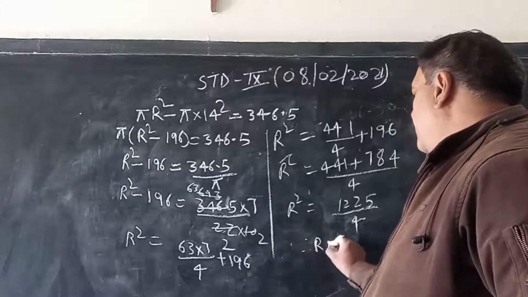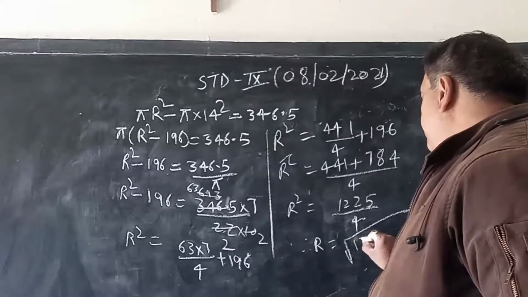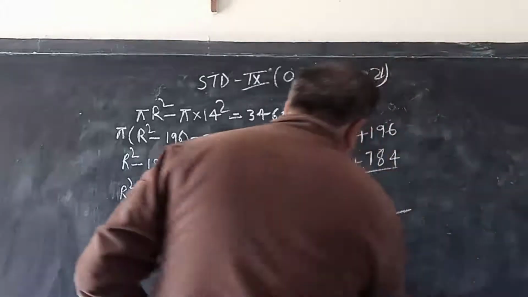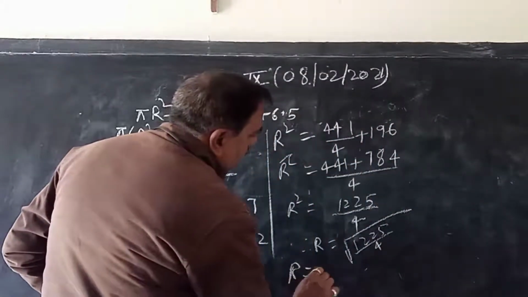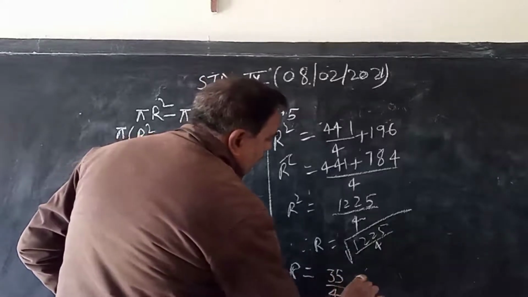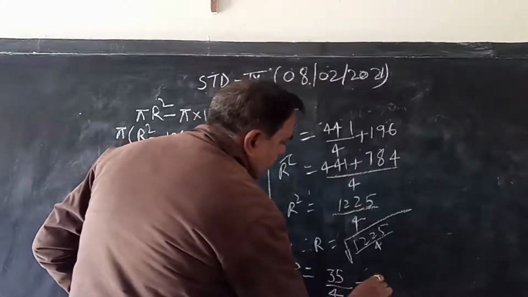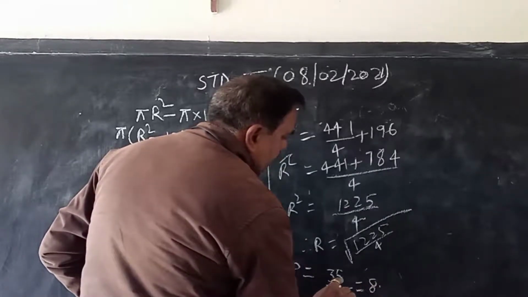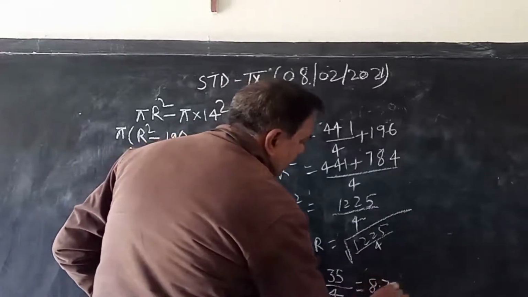So find out R, that is R is equal to 35 by 2, that is 17.5 centimeter radius.